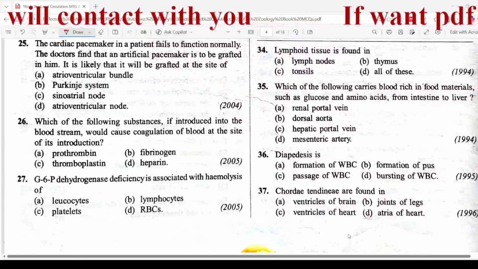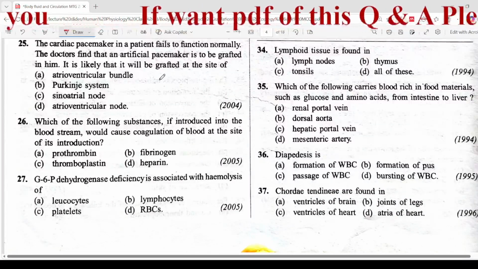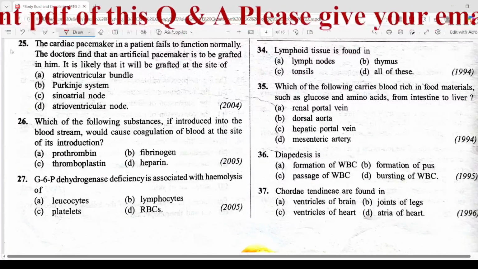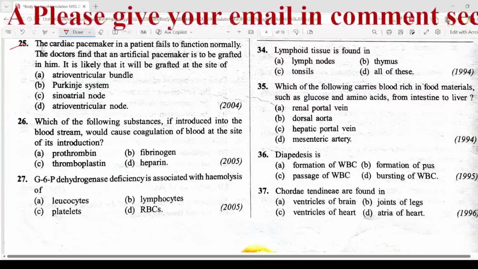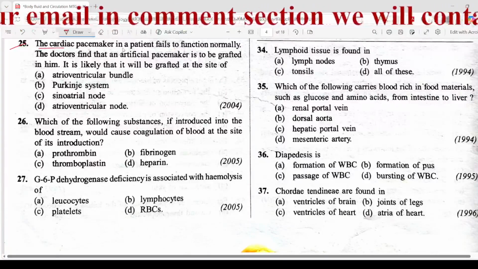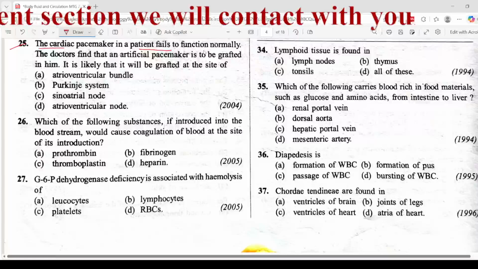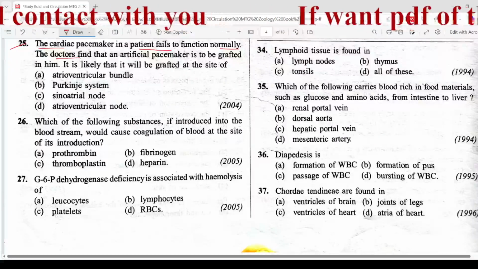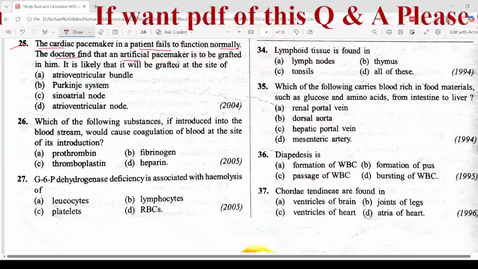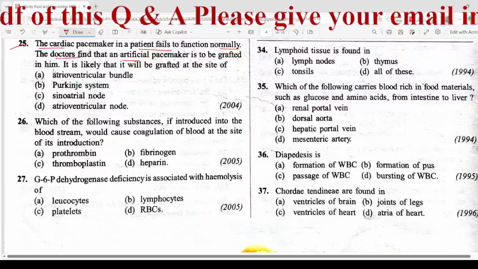Okay, let's begin question and answer again. So, question number: the cardiac pacemaker in a patient fails to function normally. The doctor finds that an artificial pacemaker is to be grafted in him.